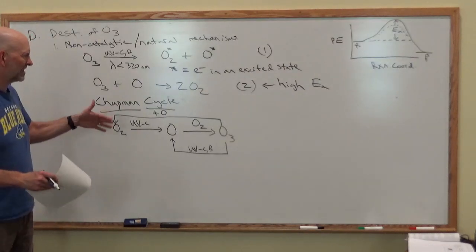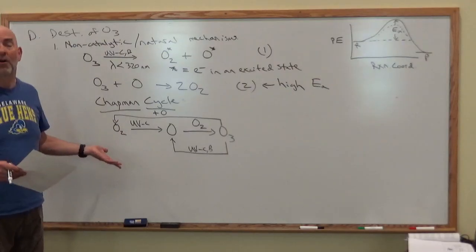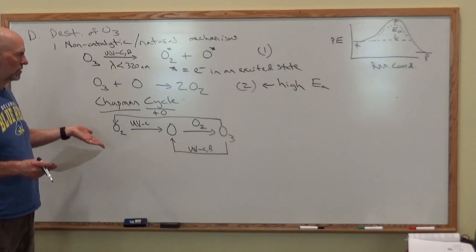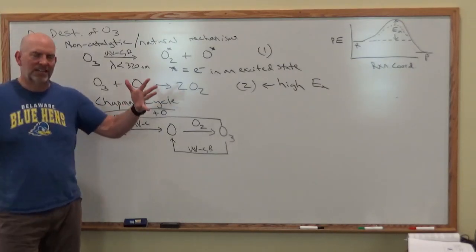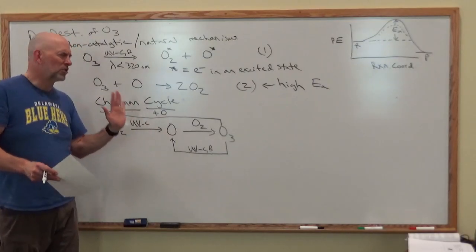Again, I don't find these cycles particularly helpful. In fact, you may have just been confused about what I just did there. So what I would do is read the book, go through the cycle, because it tries to take all of this chemistry and put it into one little graphic. And if it helps you, great.